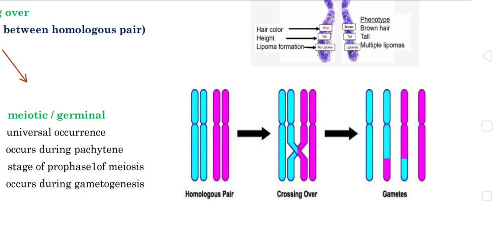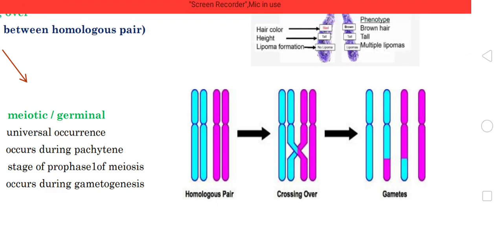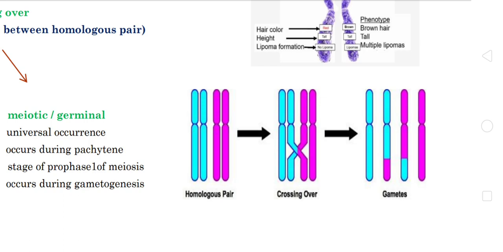Out of the 4 gametes, 2 are parental type and 2 are recombinant. Both chromosomes are different in nature, so we have to call it an exchange between the non-sister chromatids of a homologous pair of chromosomes.